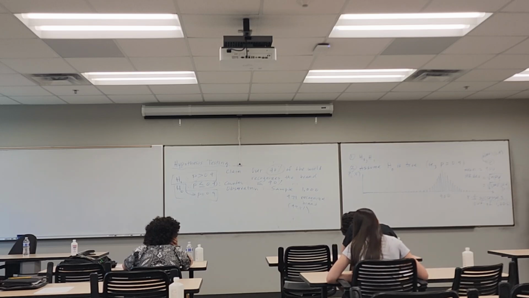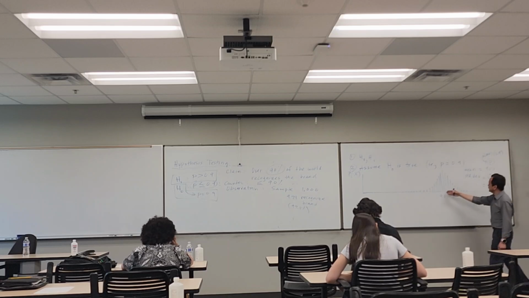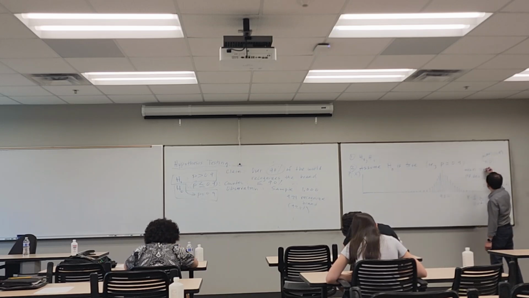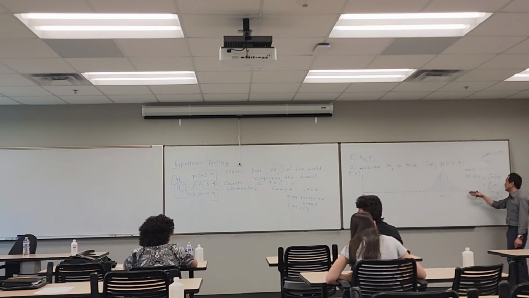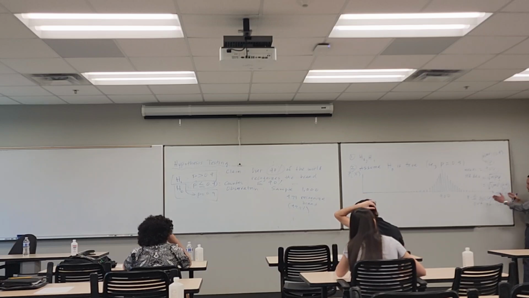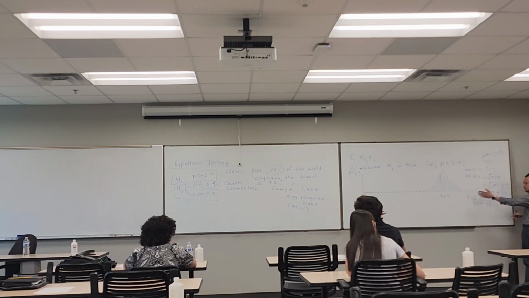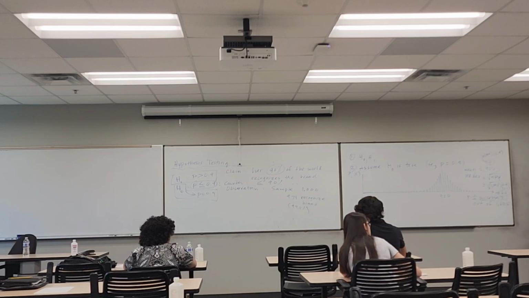And so if we punch that in, what's the standard deviation? 9.49. So this distribution has a mean of 900, and a standard deviation, or a measure of spread, of around 9.49.